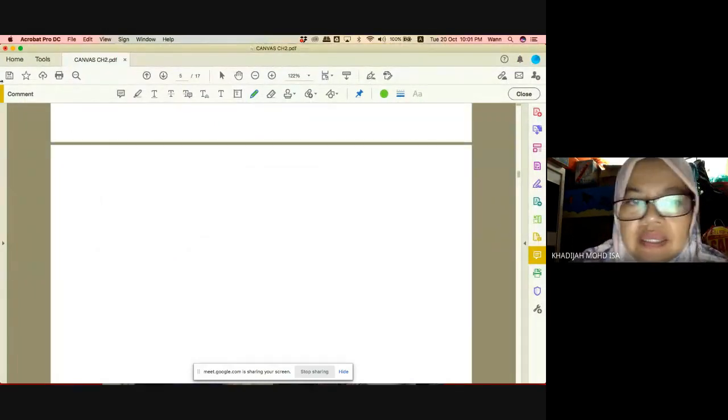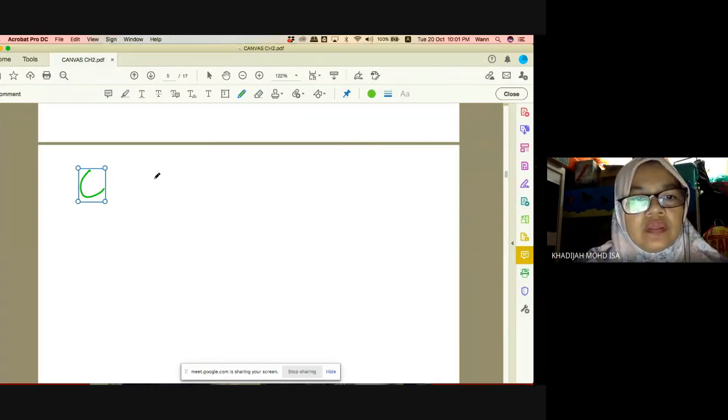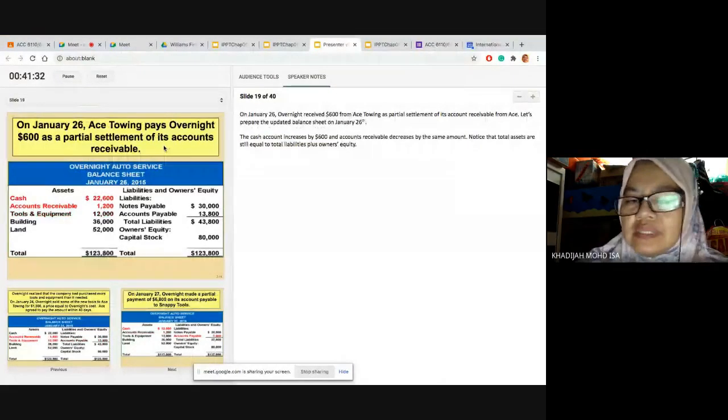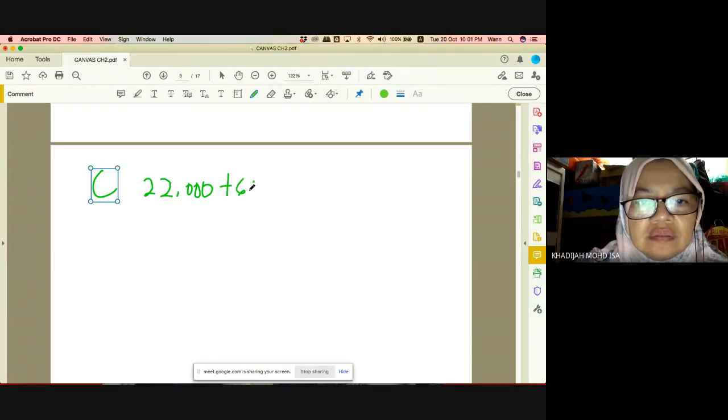Alright, cash, how much is the initial cash? 22,000. So cash is 22,000 plus 600. But accounts receivable, initially it was 1,800, but now reduced by 600.